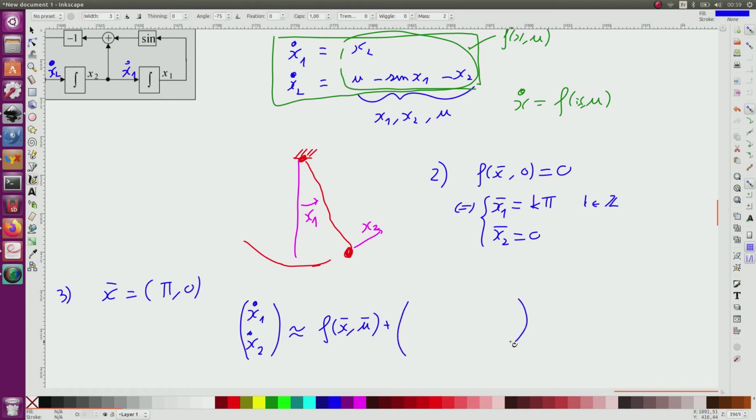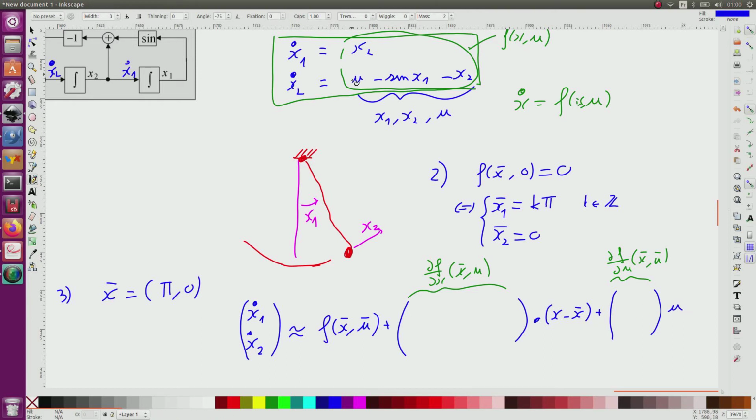a matrix, and this matrix corresponds to the derivative of f with respect to x at point x bar u bar, multiplied by x minus x bar, plus something which corresponds to the derivative of f with respect to u at point x bar u bar, multiplied by u minus u bar, so it corresponds to u.